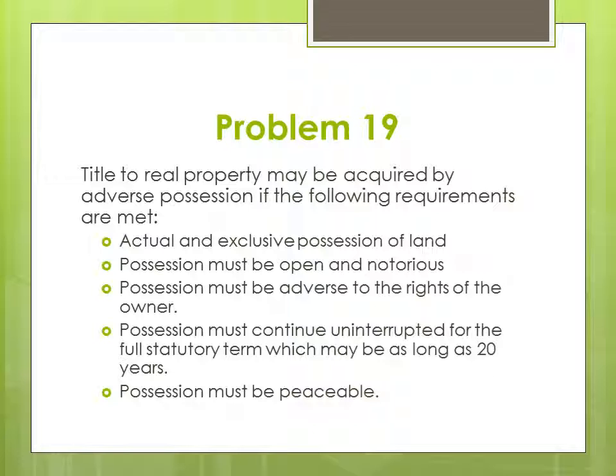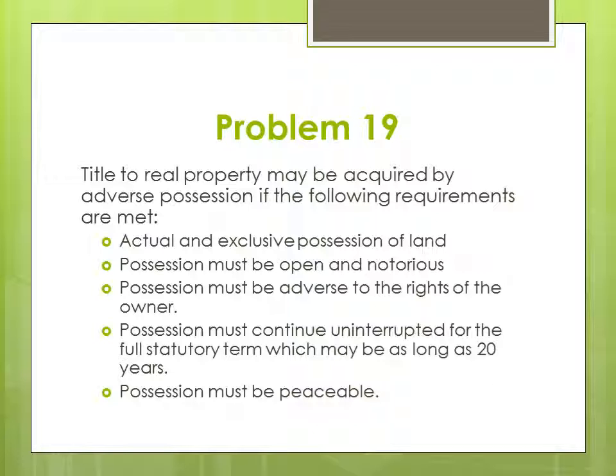Lamont Cranston installed a well, constructed a storage shed and garage on the fenced-off land, and continuously farmed and occupied the 5 acres for approximately 22 years prior to Dunbar's purchase. Cranston did this under the mistaken belief that the 5 acres of land belonged to him, and they're asking which of the following is a true statement.